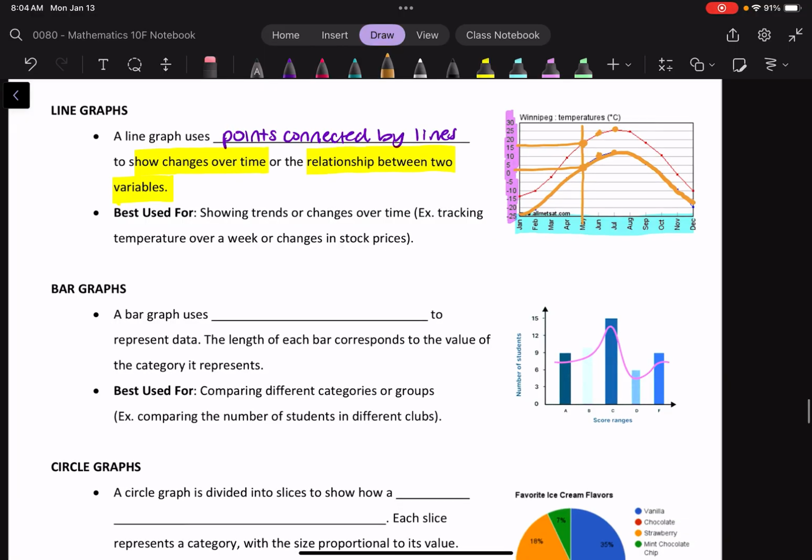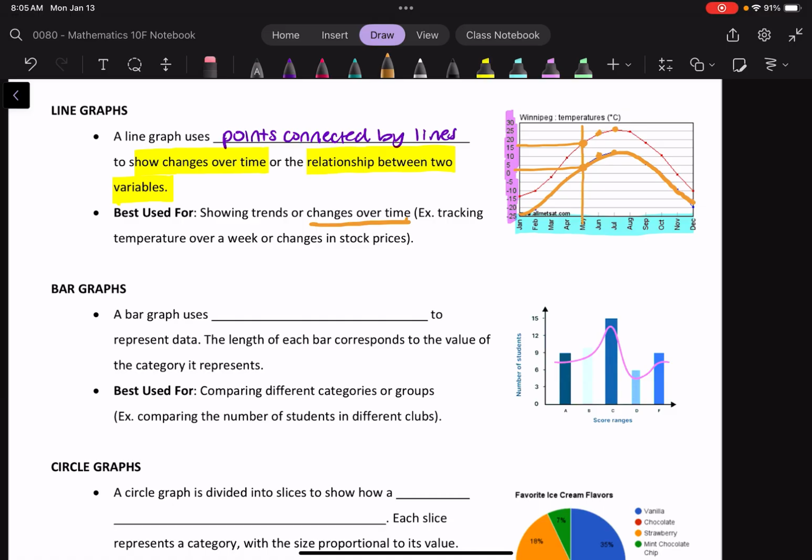It is best used for showing trends or changes specifically over time. So tracking temperature over a week, showing the changes in stock prices. What else? Showing math equations, how one variable y changes when I change another variable x.